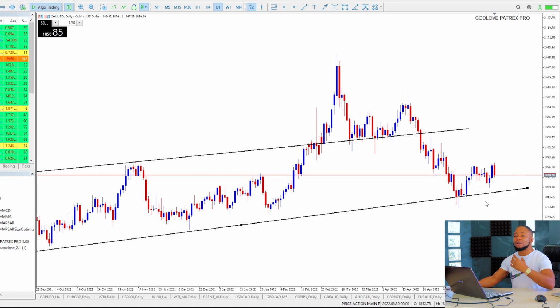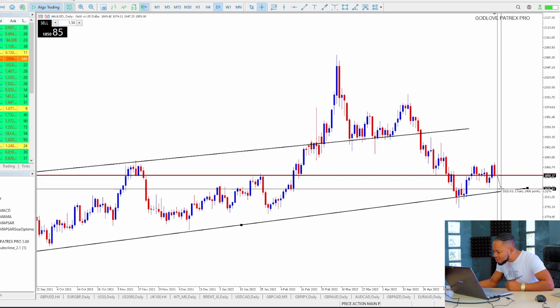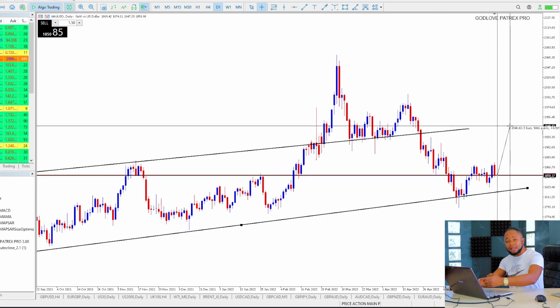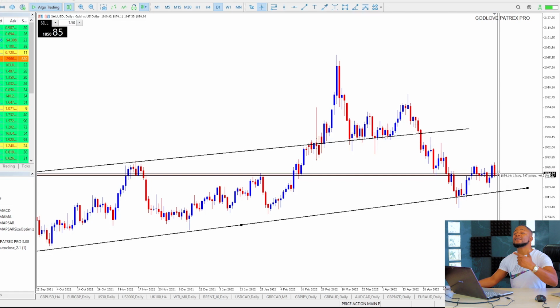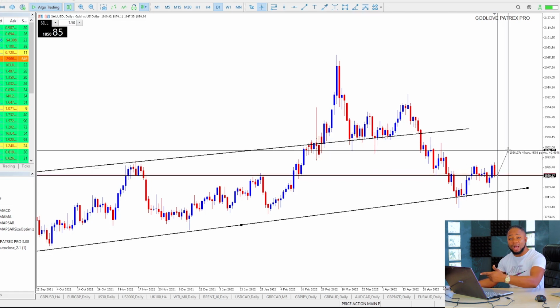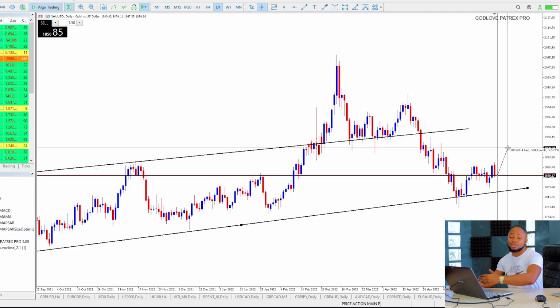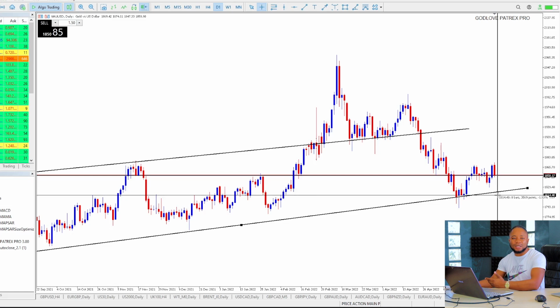Another very vital advantage of working with a good sniper entry is it gives your trade room to breathe. Because if I want to enter this trade somewhere here without using sniper entries, obviously my stop loss is going to be very tight somewhere here. And even if the market at the end of the day goes in my intended direction of an uptrend, it must have already triggered me out.